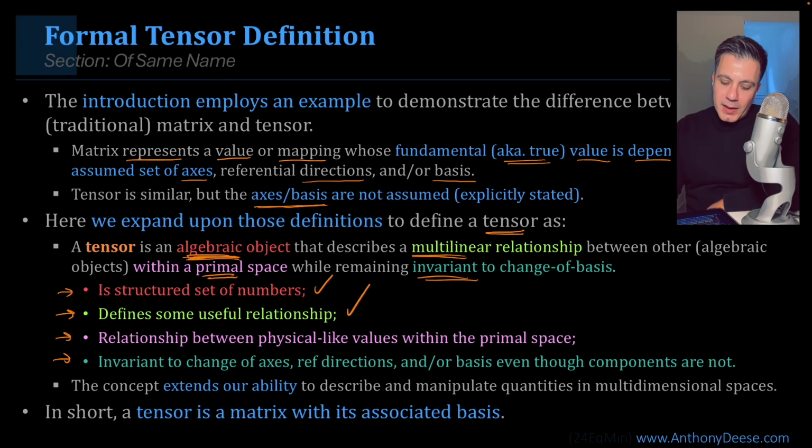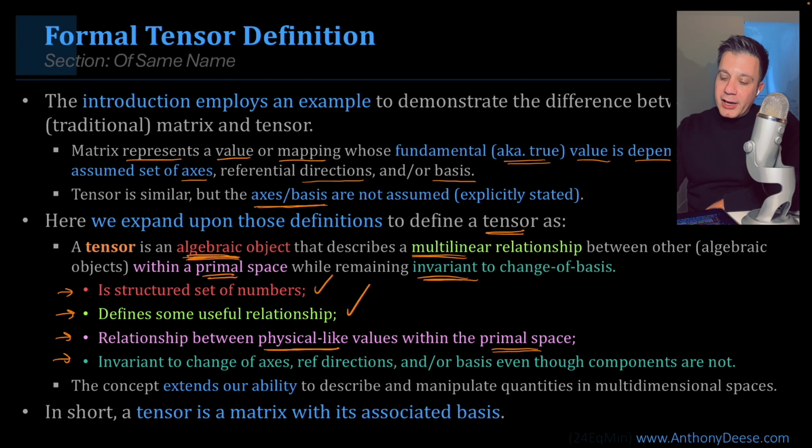Okay, so check. Third, within a primal space. Now why are we concerned with relationships between algebraic objects within a primal space? Specifically because the primal space contains those physical values, and generally we want to define relationships between physical-like values, and that means that they will be within a primal space.